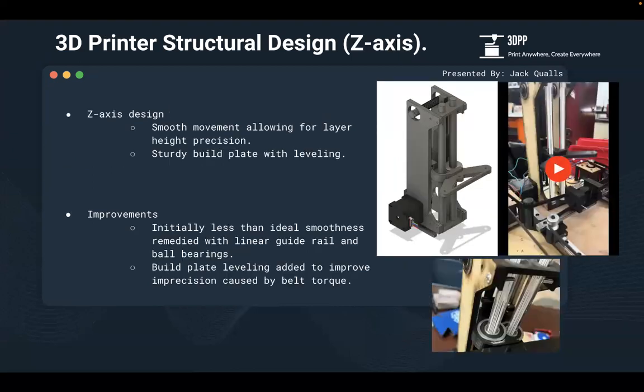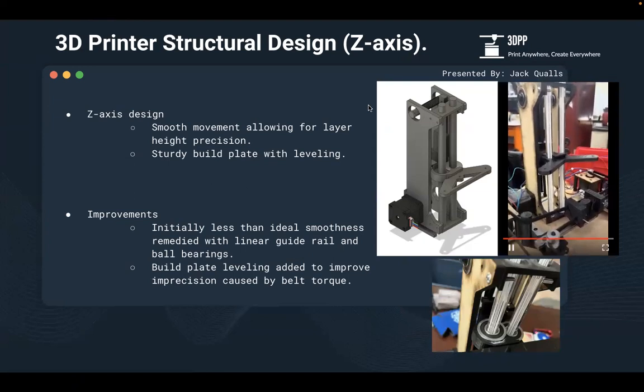So the Z-axis. Initially when we designed it, we had some issues with the fluidity of the movement, which I'll play in a video right here. As you can see, it was skipping a little bit.